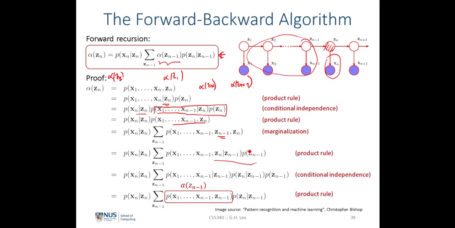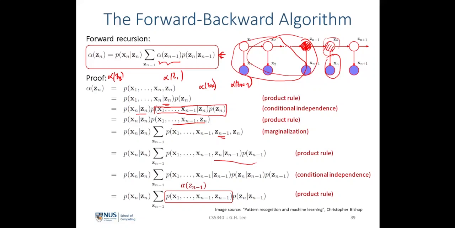Then the next thing that we can do is make use of the conditional independence given zn minus 1. If we observe zn minus 1 over here, then all these terms are going to be conditionally independent of this zn over here. Hence, we can rewrite this into a factor of these two terms, conditioned upon zn minus 1.